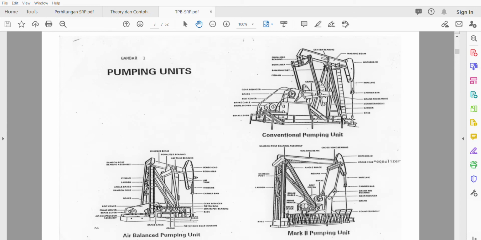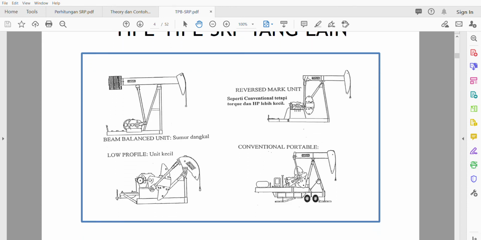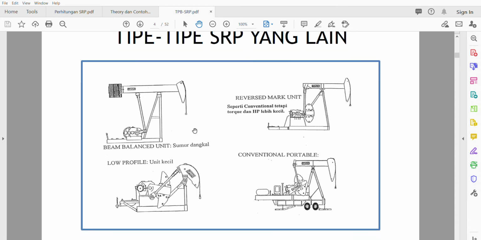That's the difference between conventional and Mark II. And then other types of beam are the beam balance unit, reverse Mark II, low profile, and conventional portable, which is a little bit different from the others.